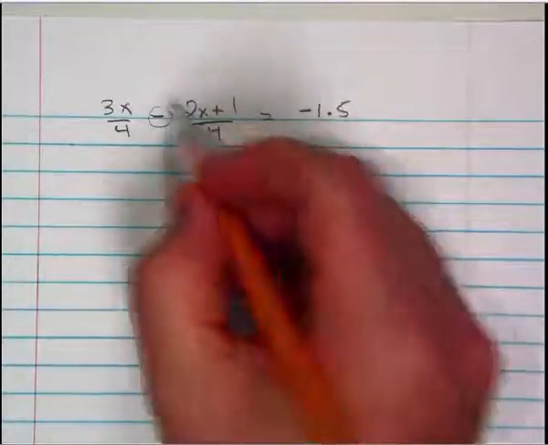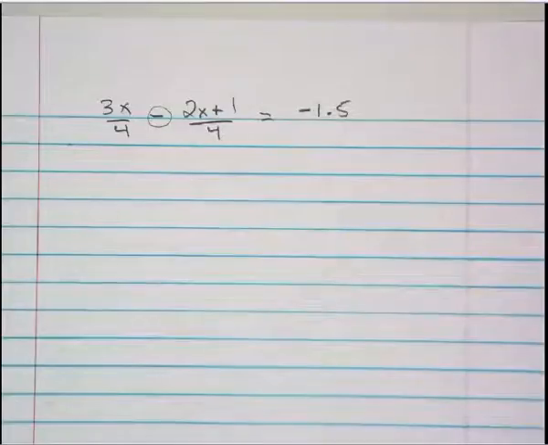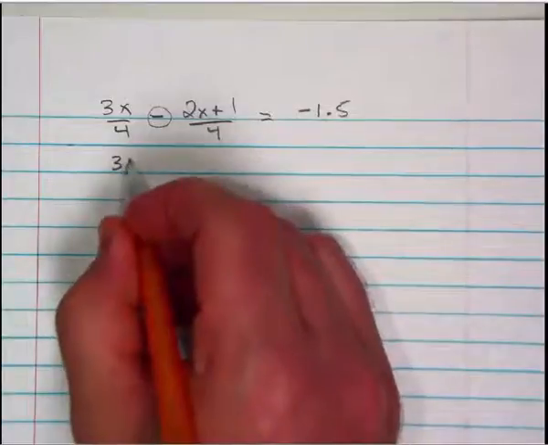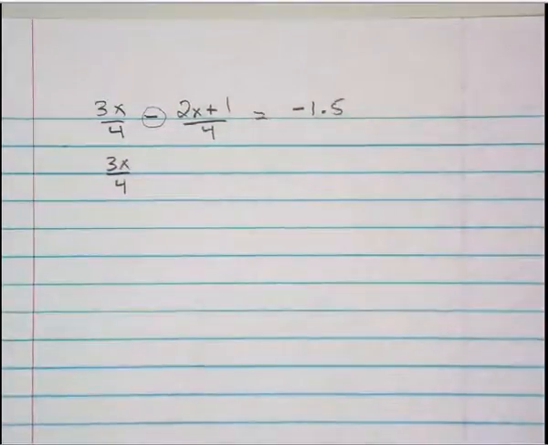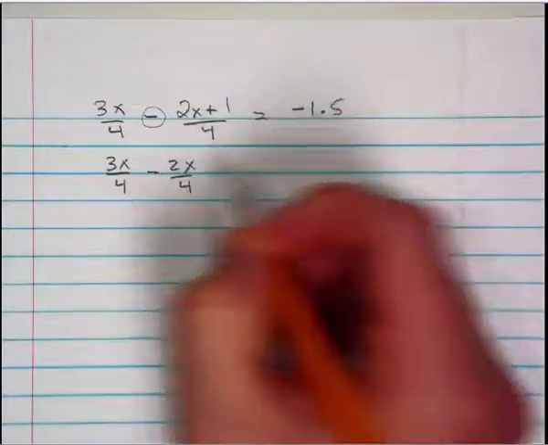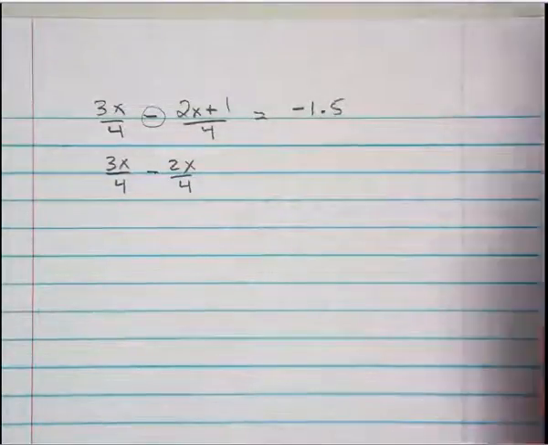Now there's something in particular we have to pay attention to with that minus sign. What we are actually going to do is distribute that minus sign to both of the things on the top of the fraction. So I'm going to keep the 3x over 4 just like always. But now that minus sign gets distributed, so that's a negative 2x over 4.